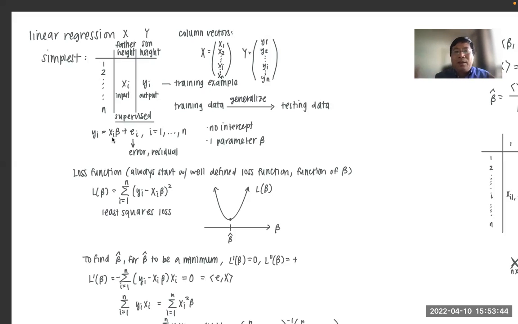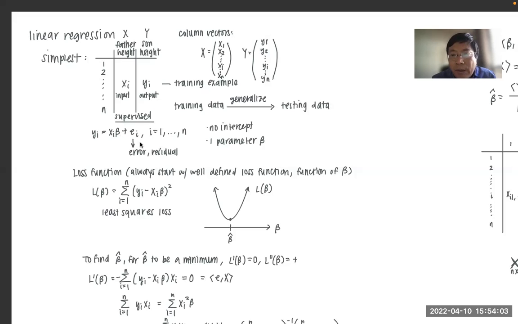So this is like you standardize it, right? So you subtract the population average and divide by the population standard deviation. You get this standard value, and then we can assume that yi equals xi beta plus ei.